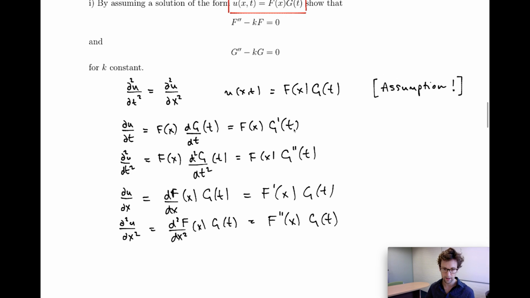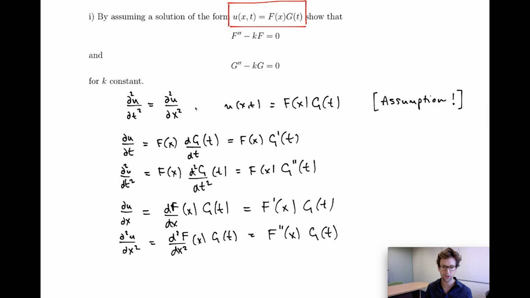So we haven't done anything too hard yet. All we've done is make an assumption of the form of u of x and t, that it's a function of x multiplied by a function of t, and then shown that when I take partial derivatives, they get turned into ordinary derivatives. So let's write down now what the form of my wave equation is.